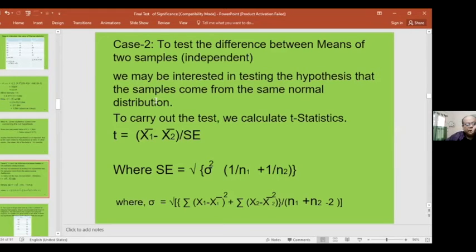Suppose we take the stress level, the anxiety of the women teachers and the anxiety of the male teachers, two samples. I wanted to see whether there is any significant difference in the mean anxiety score of the women teachers and the male teachers. So their mean anxiety is this; subtract it and then divide by the standard error.